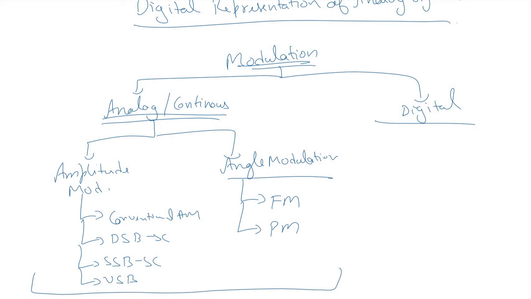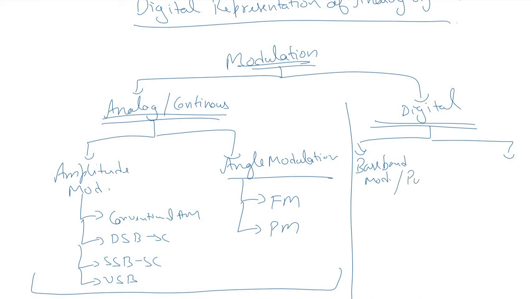Now moving on to the digital part of the modulation schemes, we can divide the digital modulation techniques into two different categories. One is your baseband modulation, or also known as pulse modulation. Okay, and the second one is band pass modulation.